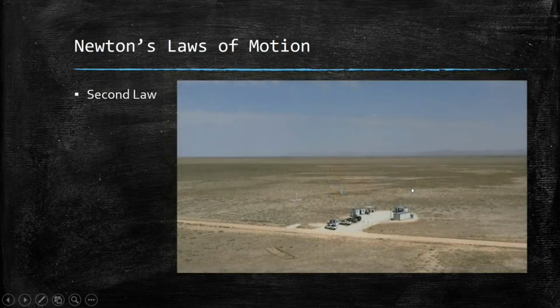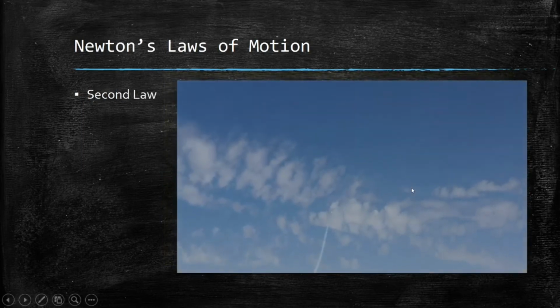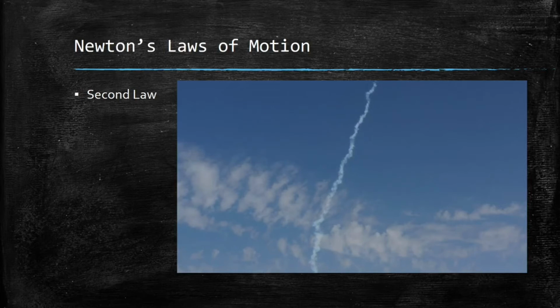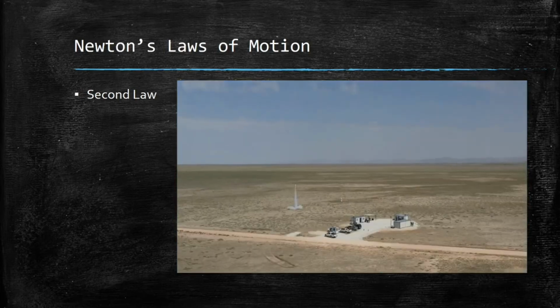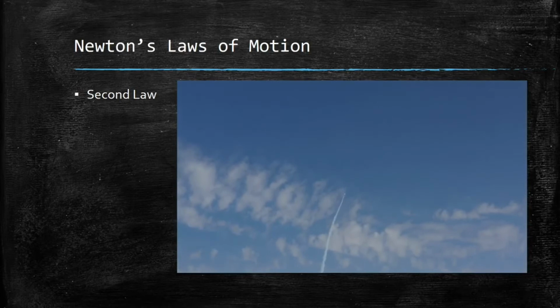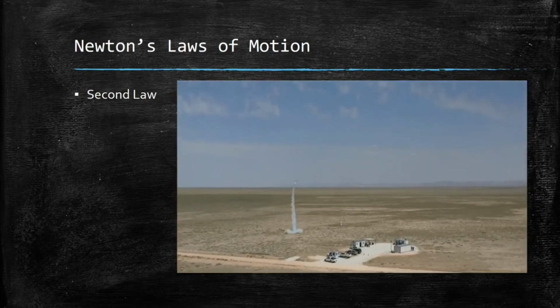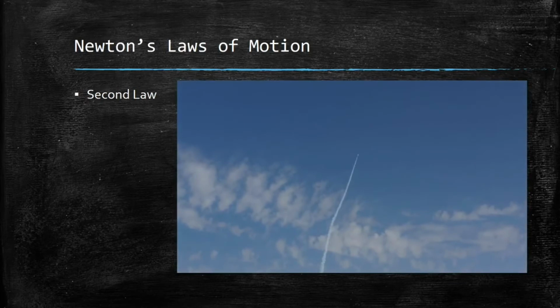Coming to the second law. Now you can see this video, a rocket is set in motion, or rather it is accelerating. That is exactly what the second law is trying to say. When a body is not in equilibrium, that means there is an unbalanced force acting on the body.